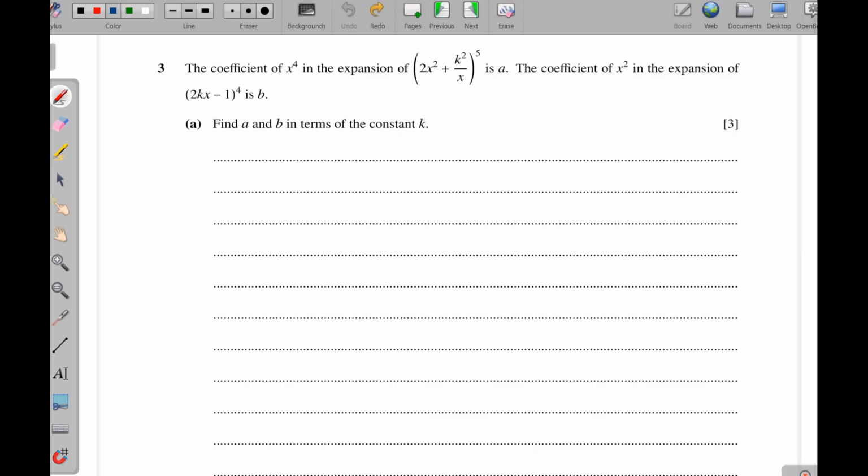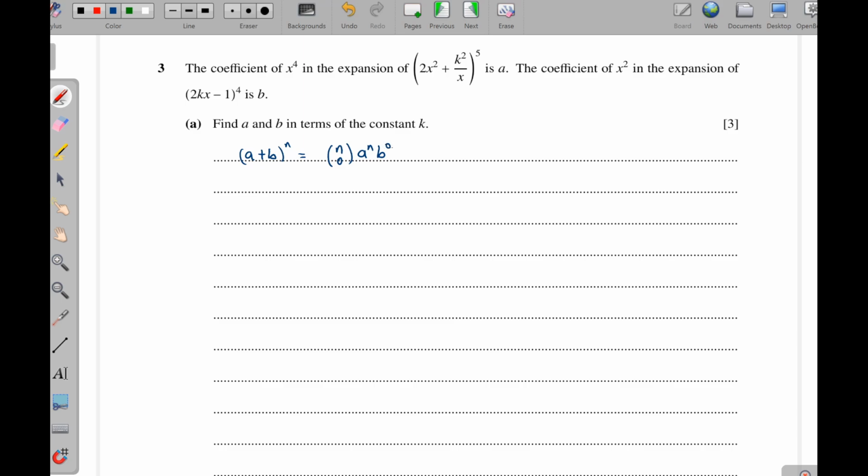Now, when we are expanding using the binomial expansion, if we have (a + b) to the power of n, we shall get n combination 0, then a power n, then b power 0.